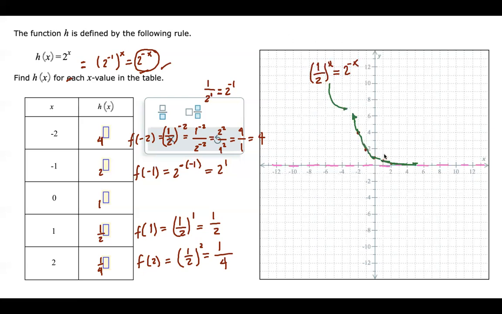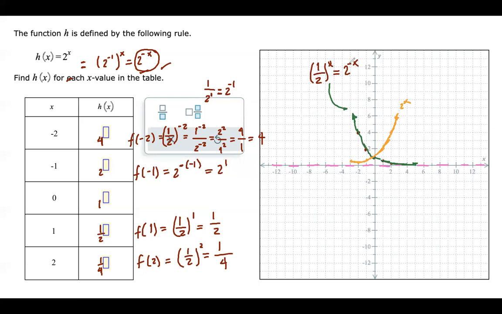The one that we had before, it was a reflection. At 1, we had a 2. At 2, we had a 4. And here we had, at -1, 1/2, and at -2, 1/4. So the graph looked like this. And this is 2 raised to the power of x.